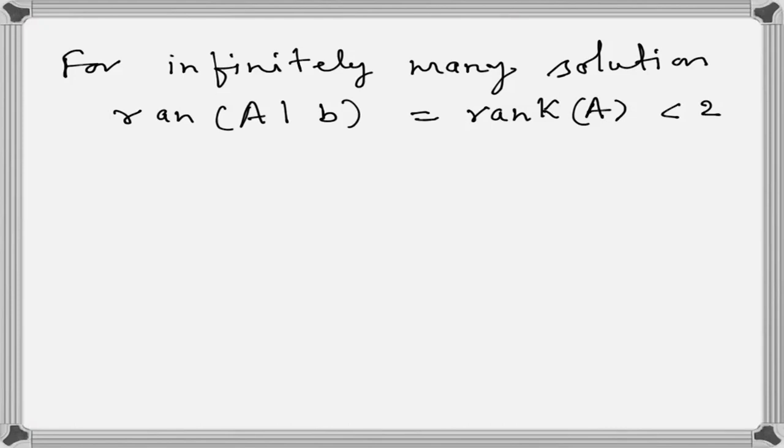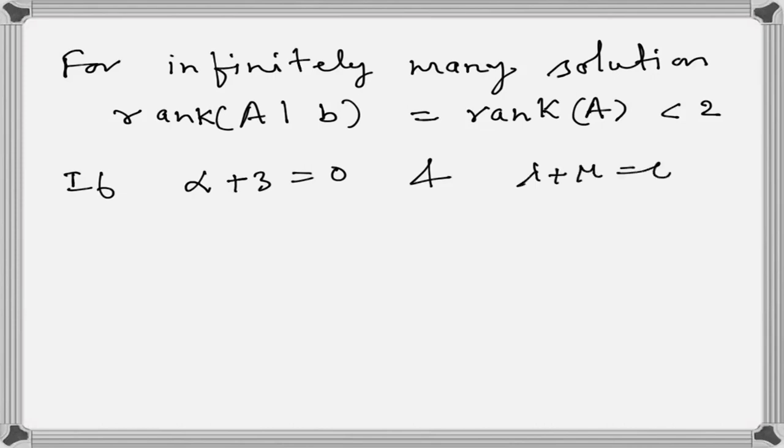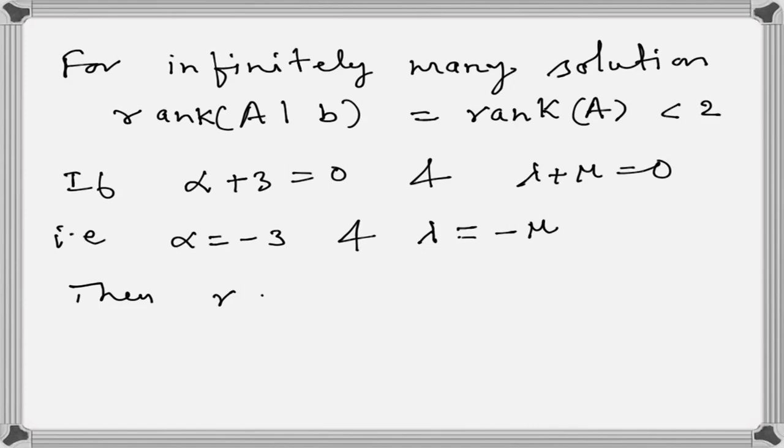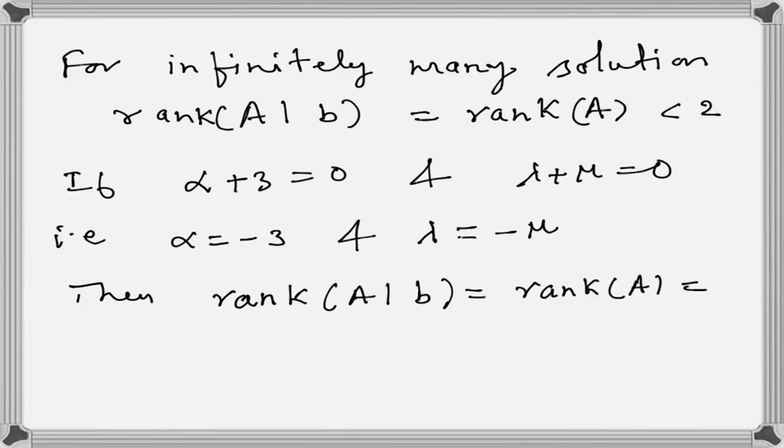All right, so here, if alpha plus 3 is equal to 0 and lambda plus mu is equal to 0, that is alpha is equal to minus 3 and lambda is equal to minus mu, then rank of A augmented B is equal to rank of A is equal to 1, because the last row is 0.